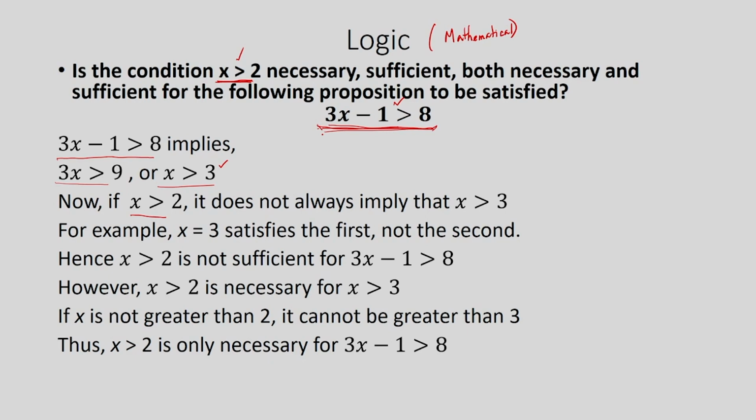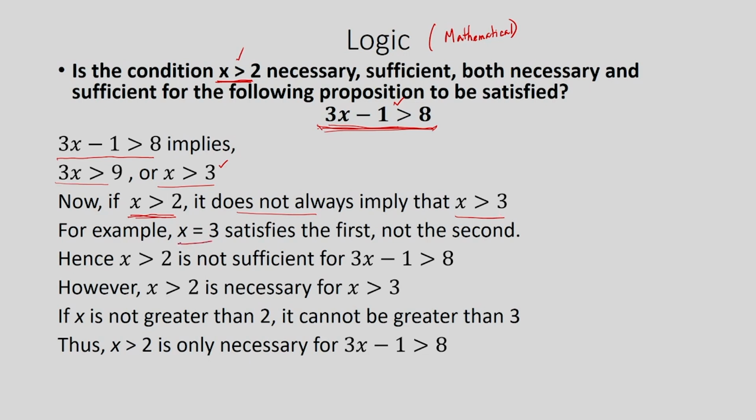Okay. So, let us try to see if this condition x strictly greater than 2 is sufficient, right. Okay. So, if x is strictly greater than 2, it does not always imply that x is strictly greater than 3.